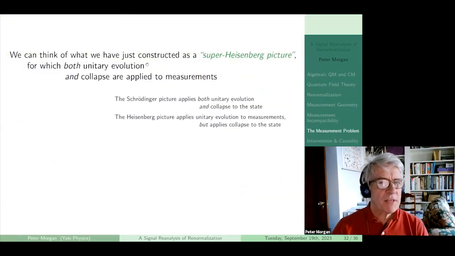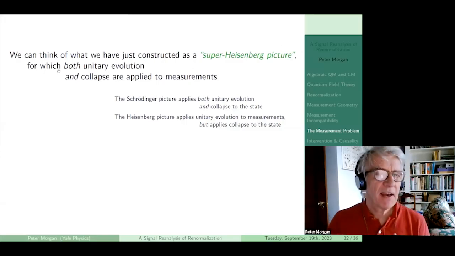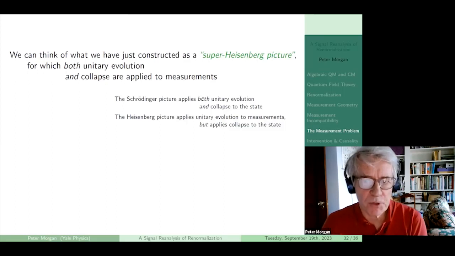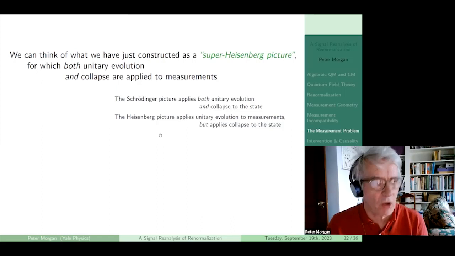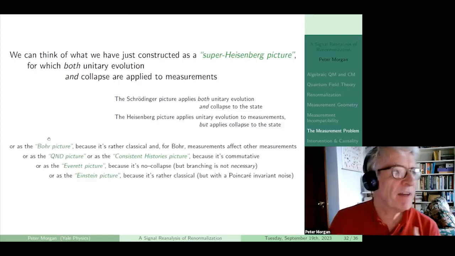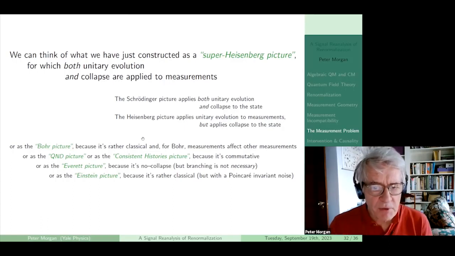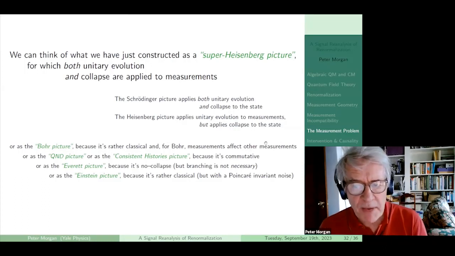So we can think of what we've just constructed as, I suggest, a super Heisenberg picture. Both unitary evolution and collapse are applied to measurements. That's in contrast to the Schrödinger picture and the Heisenberg picture, which do both unitary and collapse to the state, or one to one and the other not to the other. But this I find very unifying, because if we focus on the classicality of this, just that everything commutes, and that for Bohr, measurements affect other measurements.